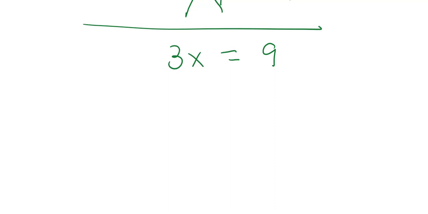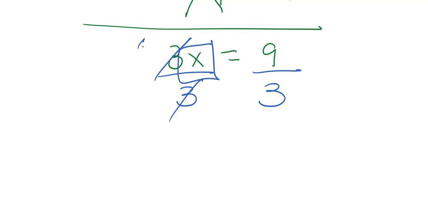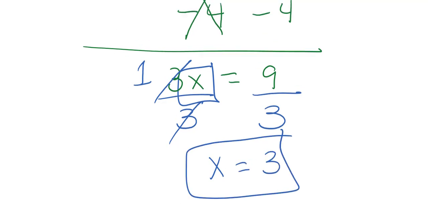Now we're going to divide by 3 on both sides. The reason we do this is we get x by itself, because 3 over 3 is just 1. Now we just have 1x, which is just x. Now 9 divided by 3, that's 3. That would be our solution.